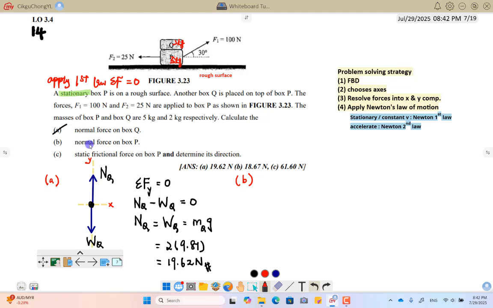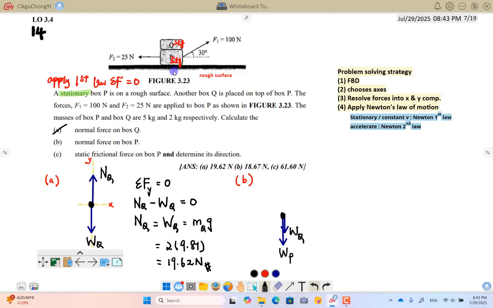For question B, I need to calculate the normal force on box P. The first step is to draw the FBD for box P. For box P, we have weight of box P acting downwards, WP, and since Q is acting on box P, we also have the weight of box Q, WQ.